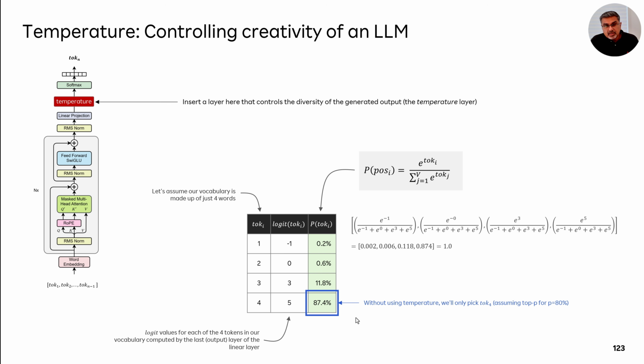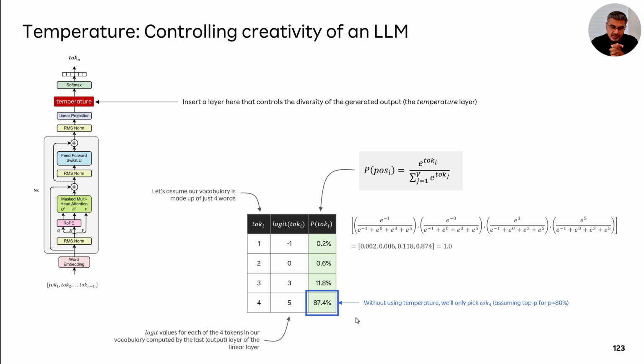Creativity is found by picking not the most statistically highest occurring next word, but also some other word that could have a lower probability statistically, because there are not too many such tokens as the next token in your training data set, but it is still a valid next token because creative answers are fewer than non-creative answers. So there are some valid tokens, but whose probability of appearance is lower. So you want to allow those to also start showing up in the candidate list. And the way you can do that is by increasing or decreasing their probability of getting picked.